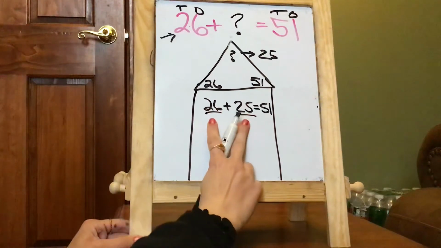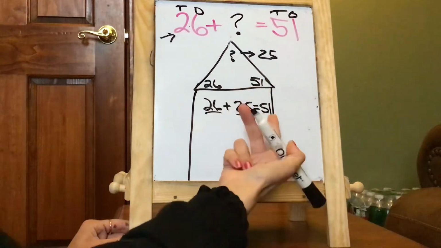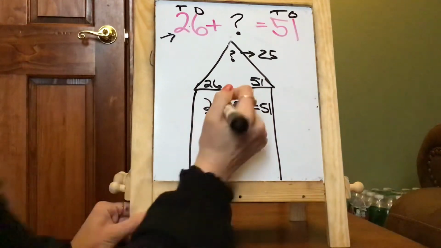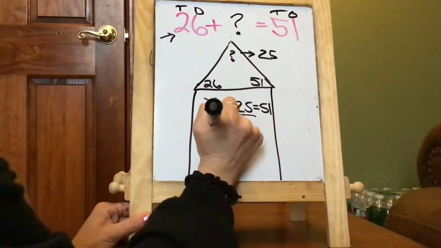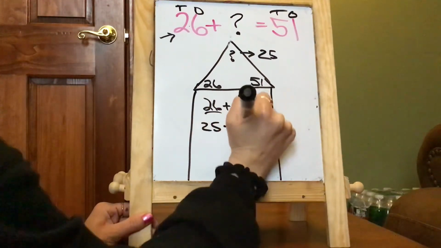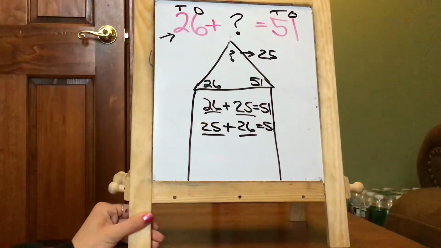Now, using the commutative property, you can flip these 2 numbers and it would give you the same sum. So 26 plus 25 equals 51. 25 plus 26 also equals 51.